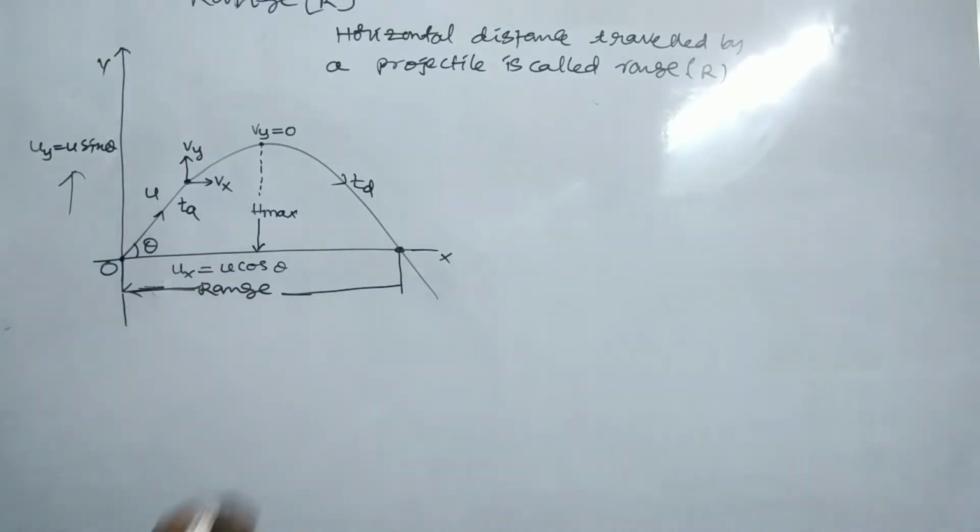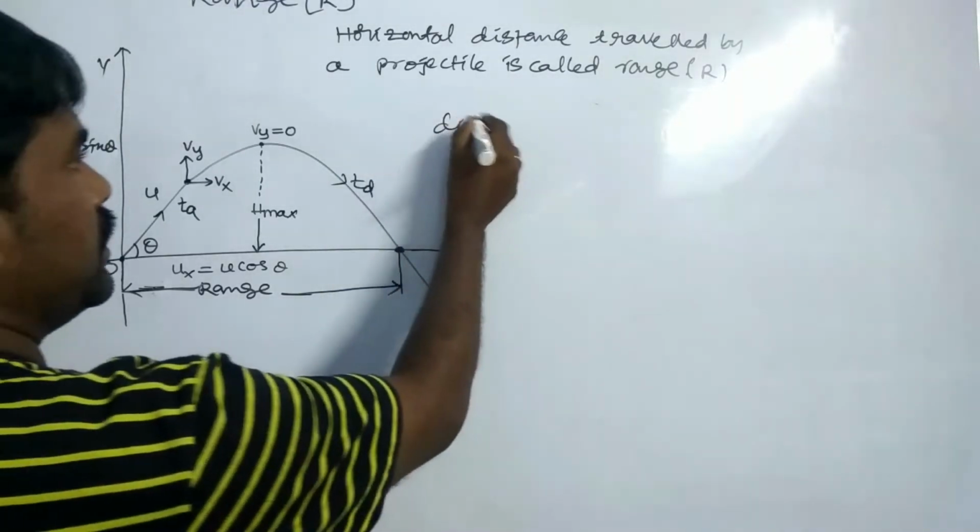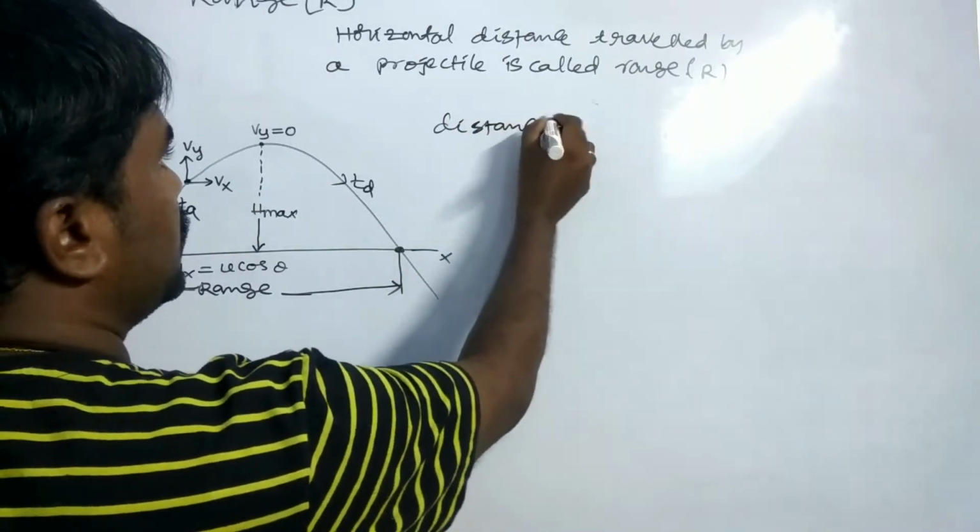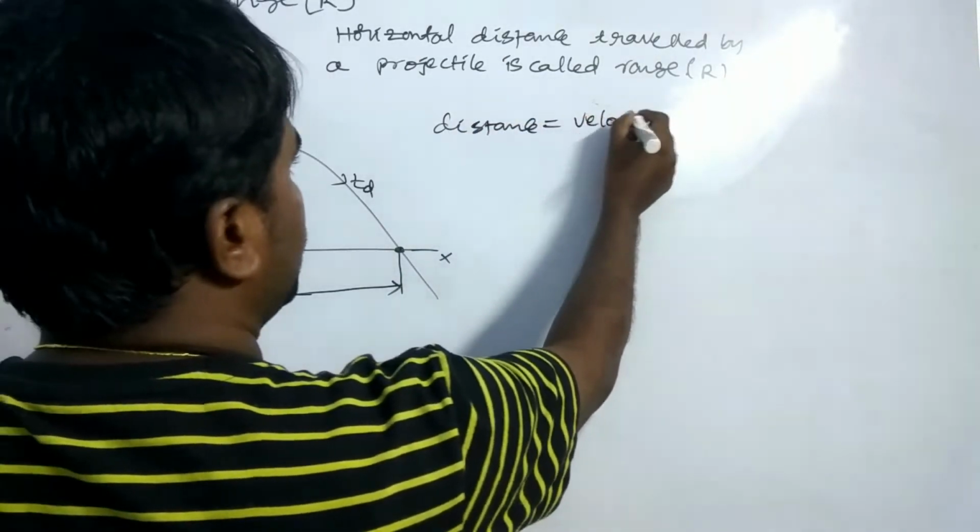The horizontal distance traveled by a projectile is called the range. So distance is equal to velocity into time.